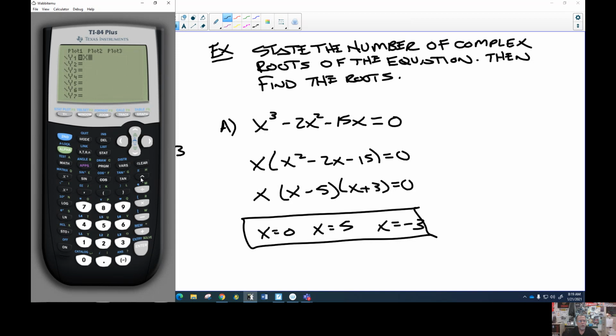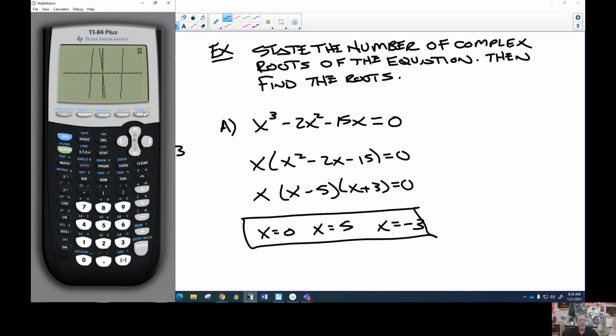So x raised to the third power minus 2x squared minus 15x, and we could have just graphed this. Now, we can see that it has 3 roots. They appear to be at negative 3, 0, and 5.